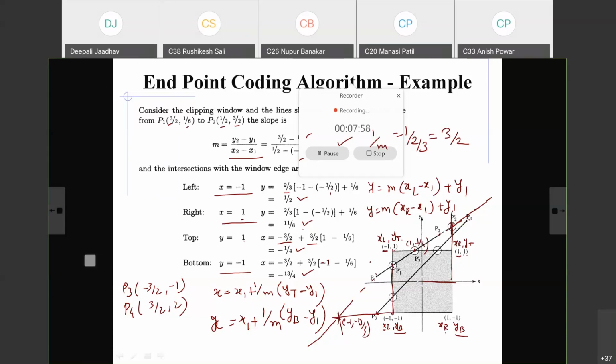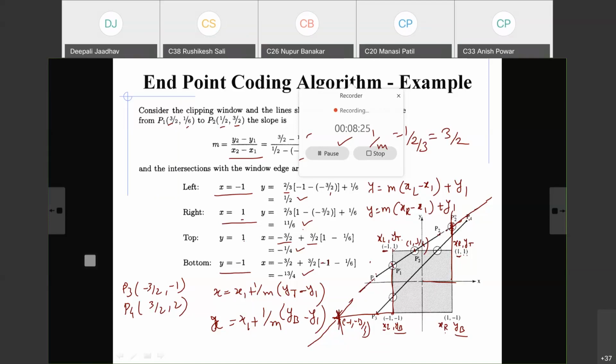When I draw the line in this way, is it clear? When it touches the left, we get this intersection. When it touches the right, we get this intersection. When it touches the top, we get this intersection. And when it touches the bottom, we get this intersection.